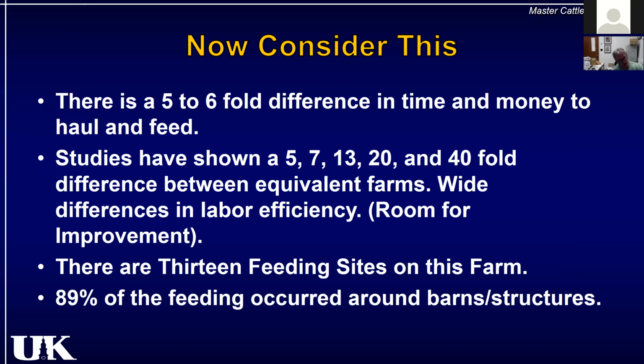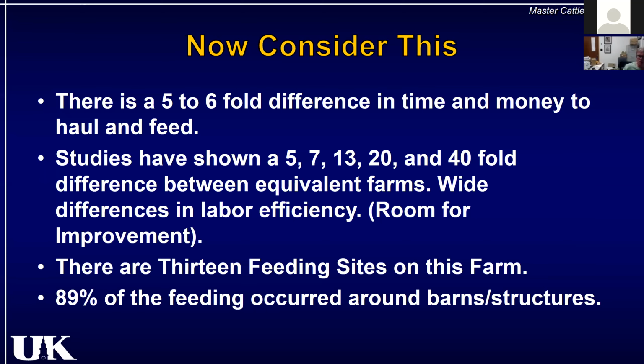There is research that shows not only a 500% difference in similar, similarly operated, similarly sized farms, but a huge difference in efficiency of 500%, 700%, 1,300%, 2,000%, and 4,000%. So just think about that. It might take me, let's say, 10 minutes to feed a roll bale, but looking at this difference, it might take someone an hour and a half. It's inefficiencies on the farm.